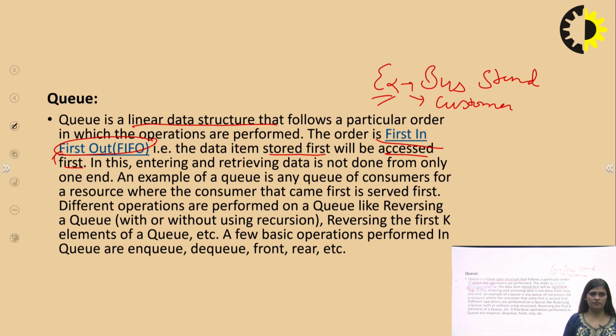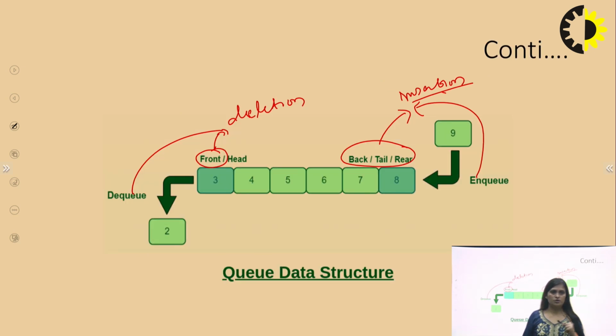Different operations performed on a queue are like reversing a queue with or without using recursion, reversing the first k elements of a queue, etc. A few basic operations are performed in a queue. Here is the pictorial representation of a simple queue.